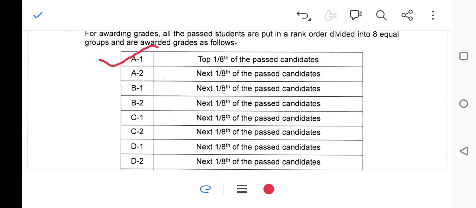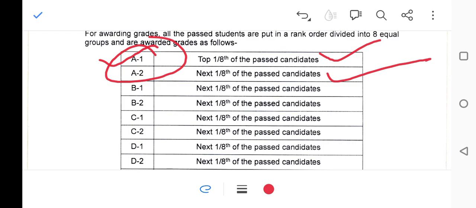A1 goes to the top students in the subject, for example science. The top 1/8 of the passed students in a subject, which means the total number of students divided by 8, are taken into the A1 grade. Then for A2, after subtracting the A1 students, the remaining passing students are again divided by 8 and taken as the A2 grade.